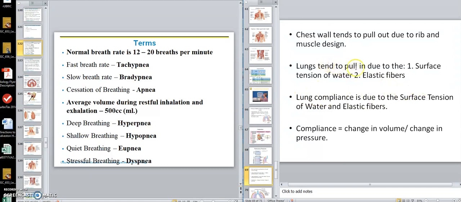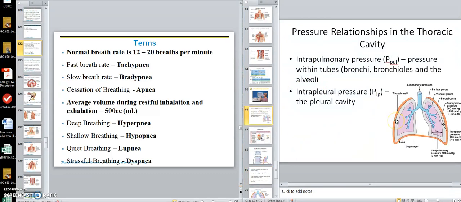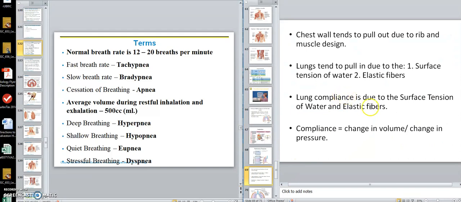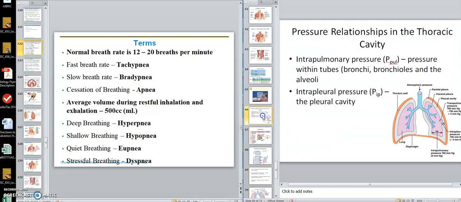These two things tend to want to pull in on your lungs and make them collapse. Recall that the surface tension of water had a combatant, and that combatant was surfactant. But that's still not enough to keep these lungs from just collapsing.